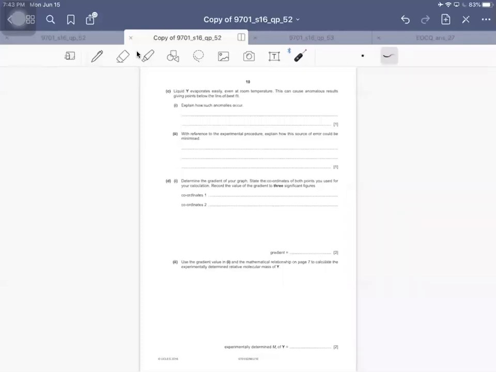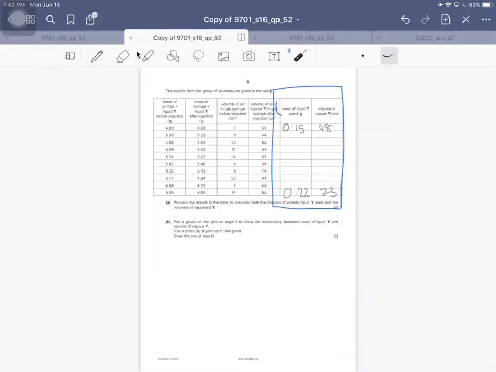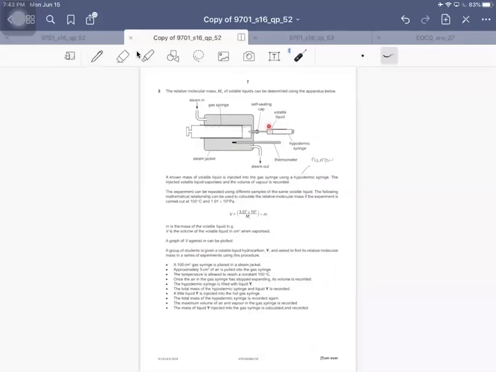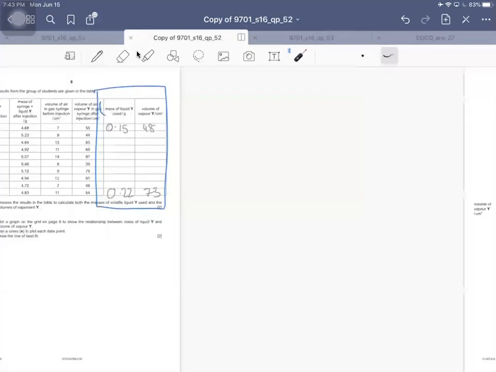Liquid Y evaporates easily even at room temperature. So Y is a volatile liquid. Even if it's not at 100 degrees, even if you have not pushed the liquid into this hot box, the liquid is already naturally evaporating. You cannot help it.